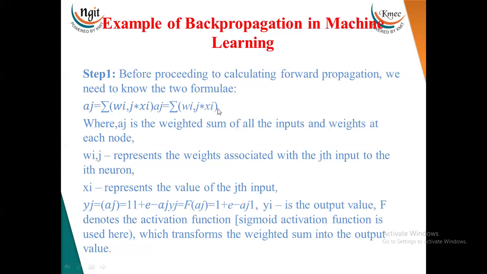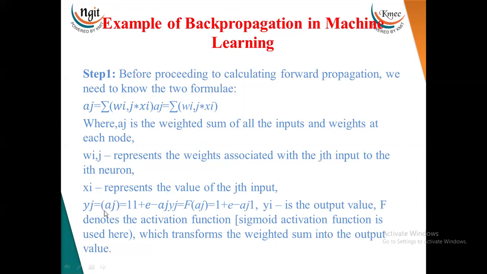Now, how to calculate a weighted sum? We know that Aj equals the sum of Wij into Xi. This is the formula for calculating after the hidden layer, that is Yj, where Xi represents the value of the ith input and Yj equals f of Aj. So first we'll calculate the summation of the weights and the input values.